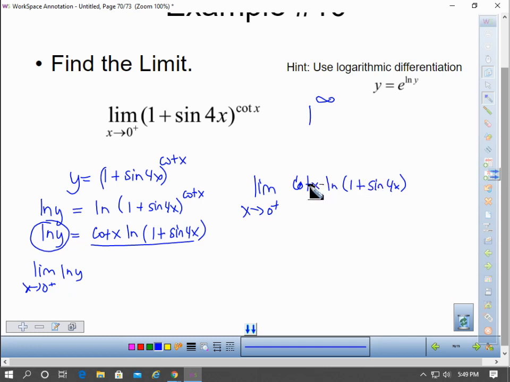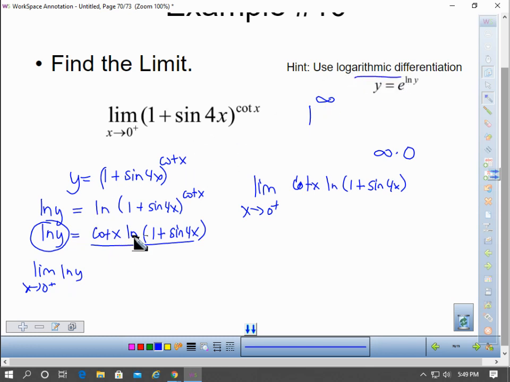So now we have infinity times 0, because this expression here was the 1, and this is ln of 1, which is 0. So now we have the indeterminate product infinity times 0, which you can't do. So how do you fix that? You have to rewrite it as a quotient. We had an exponent where we had 1 to infinity, so we had to do logarithmic differentiation to fix that.